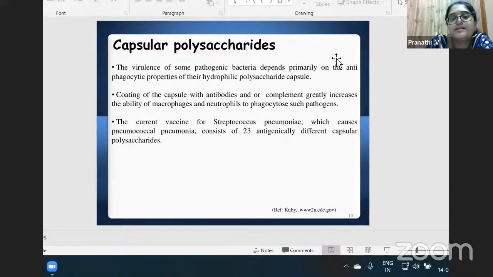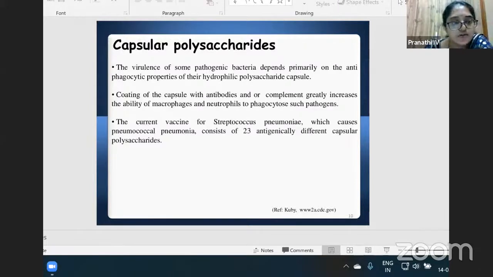So this coating is taken, and along with complement, this increases the ability of the macrophages and the neutrophils to trigger the complement pathway, and then phagocytosis takes place and removal of the pathogen occurs. An example is the Streptococcus pneumoniae, which is the Pneumovax vaccine, and the vaccine for Neisseria meningitidis, which causes bacterial meningitis. So you have purified capsular polysaccharides against this.